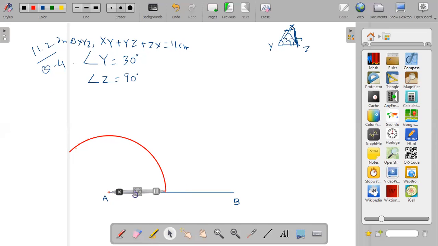Draw an arc, do not change the radius, keep it here. This is 60 degrees. If you don't change the radius, it will work.